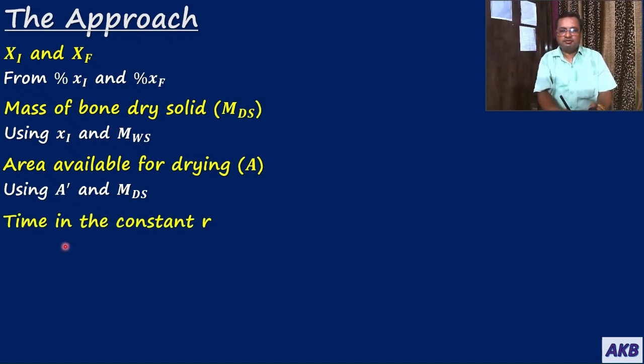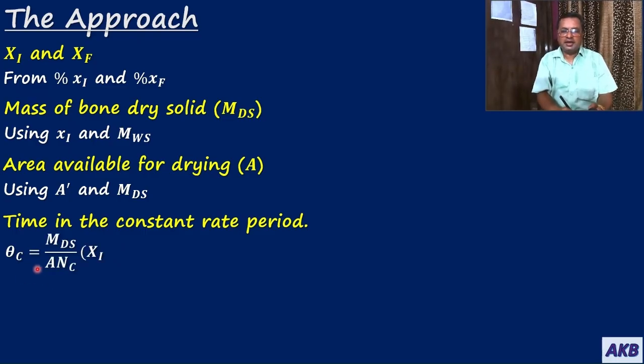Then after that, we will find out time in the constant rate period, and for that we can directly use this equation. Theta c is equal to MDS upon A into Nc into Xi minus Xc. So all the parameters in the equation will be known to us at this point of time, and we just have to use this equation to get theta c.